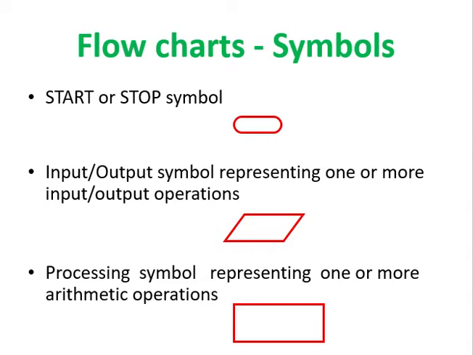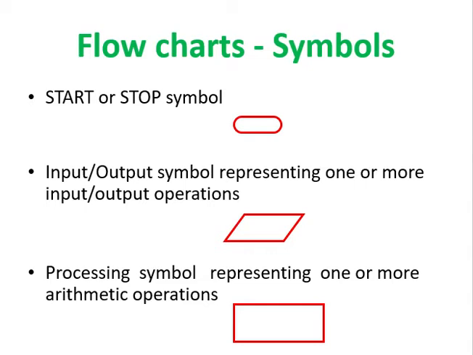Firstly, the first symbol is the start and stop symbol for any flowchart, and next is the symbol which shows one or more input operations, known as the input/output symbol.